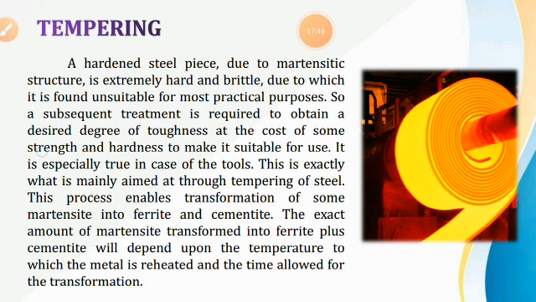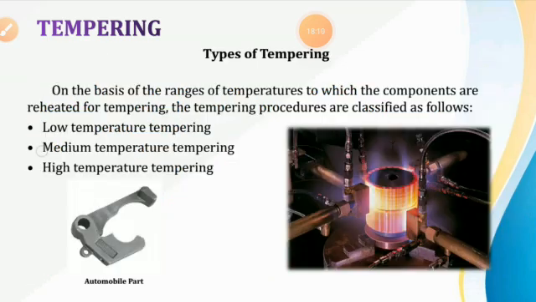Yes, of course, the transformation of martensite to ferrite and cementite depends upon the heating temperature, at what degree Celsius we are going to heat the material, to which the metal is reheated, and the time allowed for the transformation.